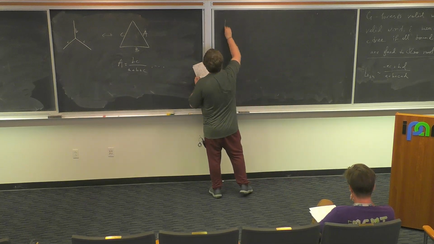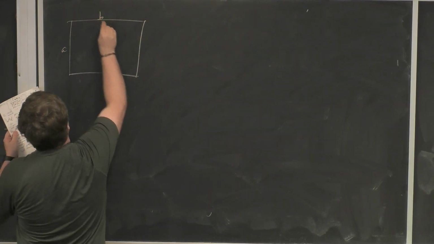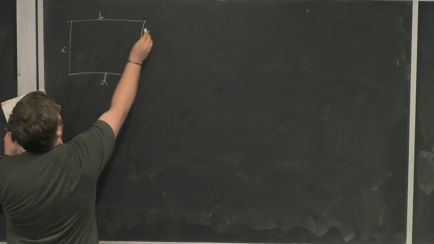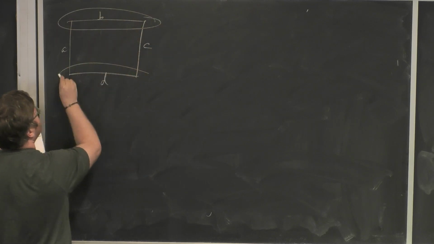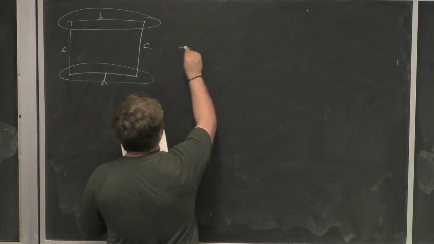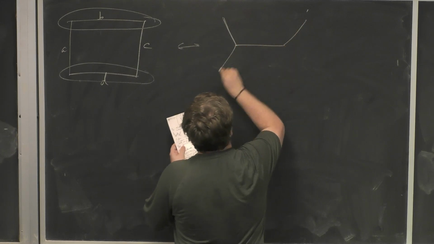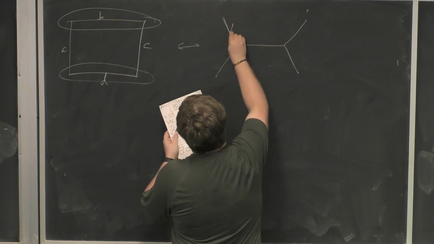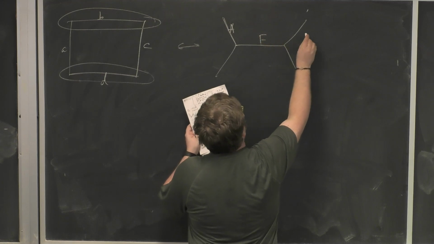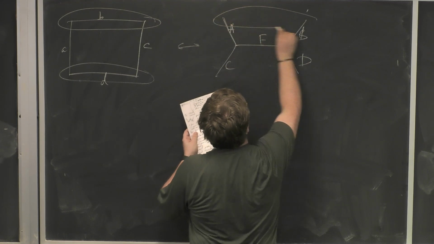So if we start with a network which looks like this, A, B, C, D, and we create two ports, this port and this port, it turns out that it's equivalent to having a different network, which now will look like this, A, B, C, D, with the same two ports, of course.